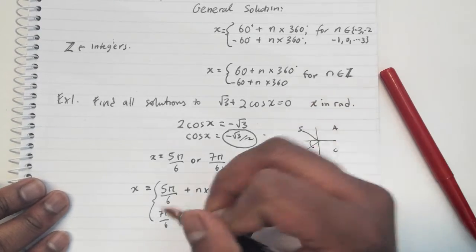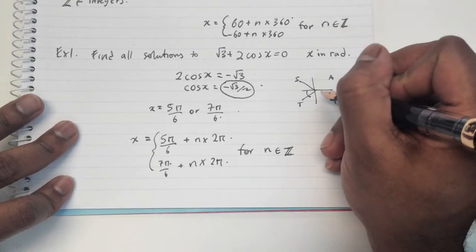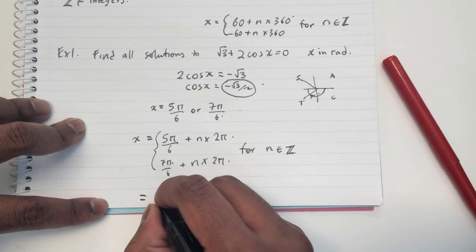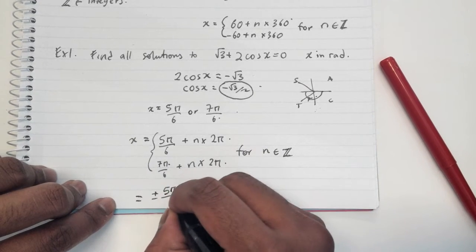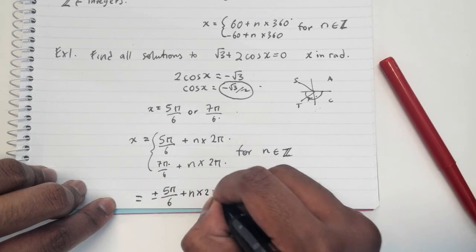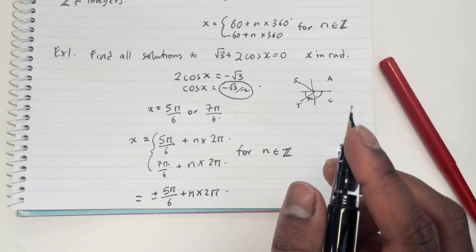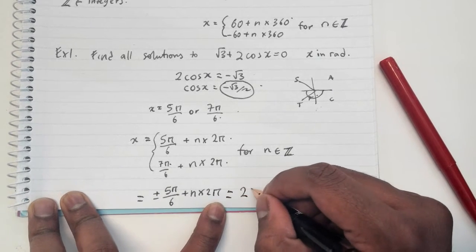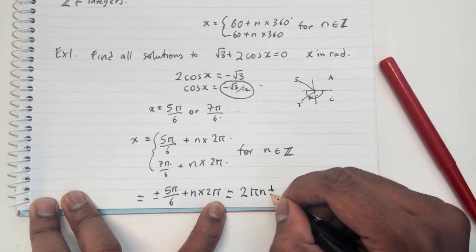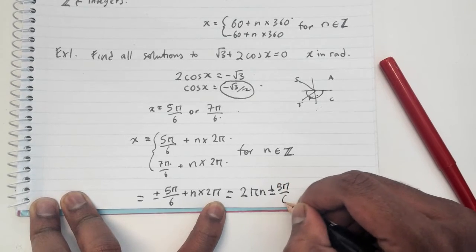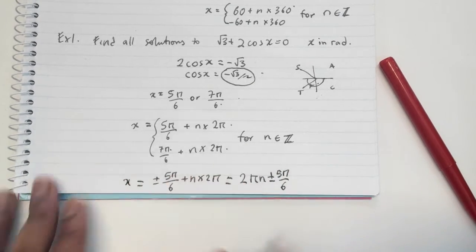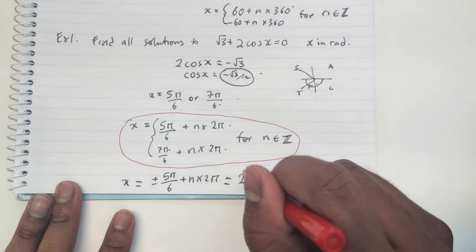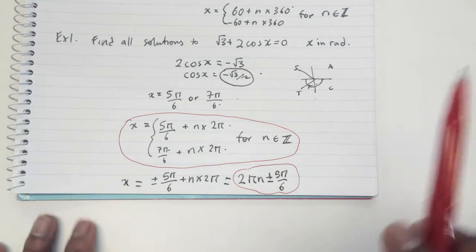Now that is 7 pi on 6, but it's also negative 5 pi on 6. So you can also see it like this, plus or minus 5 pi on 6 plus n times 2 pi. Or let's make it a little bit neater, 2 pi n plus or minus 5 pi on 6. So you can write it like this, or you can write it like this. Both ways are fine.